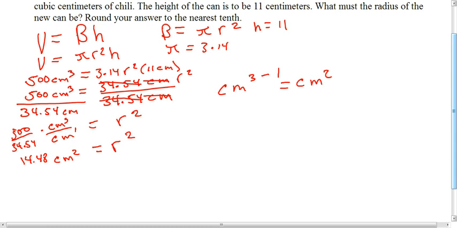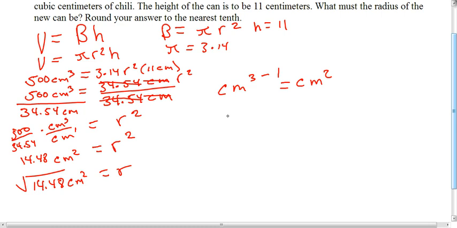In order to do that, we will put all of it under the radicand, and we would have the square root of 14.48 centimeters squared is equal to r. And now we need to determine, well, what is it? We have our own little unique way of doing it. Actually, I have my own little unique way of doing it, so we'll take a look at it.